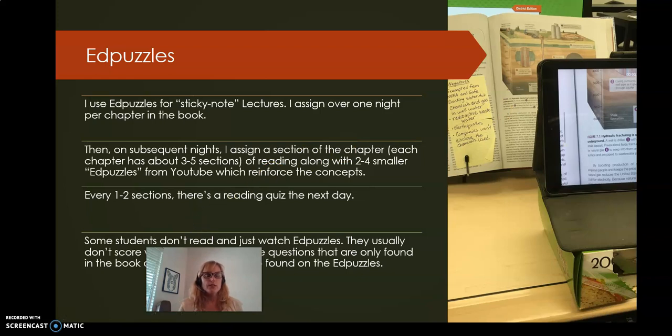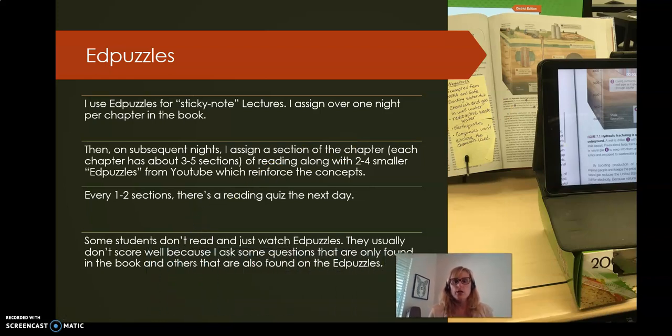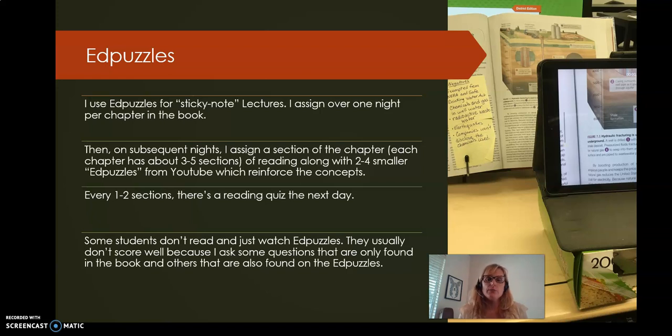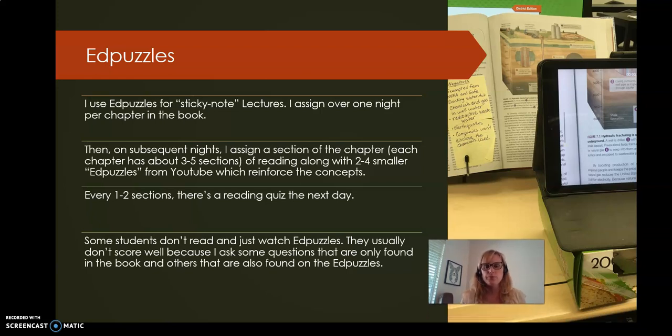The reason I do this instead of having them sticky note on their own is because they don't know what's important at this point in time. They don't know what sections they can skip in the book because there are some pages for things they don't even need to know. So I'm not going to make them read, memorize, or sticky note those sections. Okay, so one night has about 30 to 40 minutes of me lecturing on sticky notes on Edpuzzle, and I break it down into 15-minute segments.